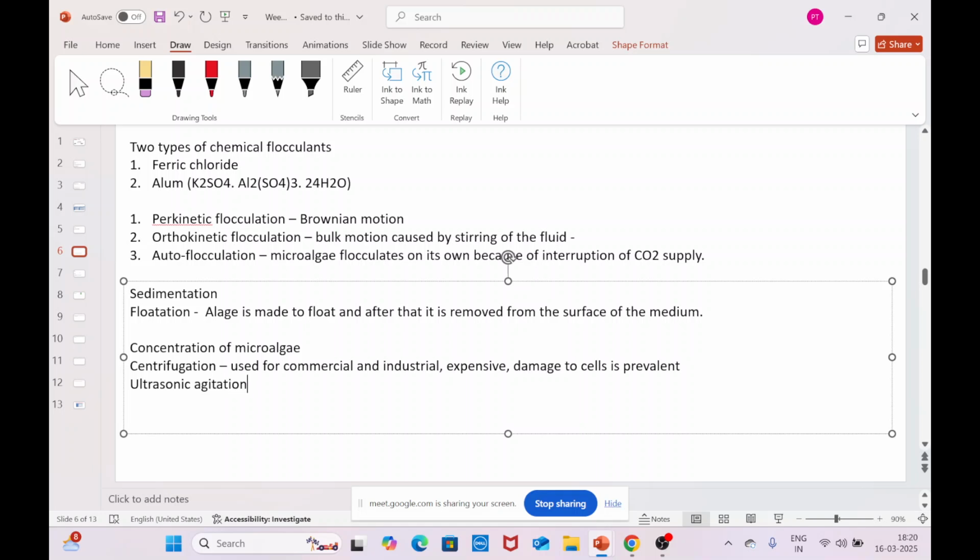It's simple. You use ultrasonic waves to agitate the system. Because of the high energy the ultrasonic waves produce, more cells can be concentrated through this method.